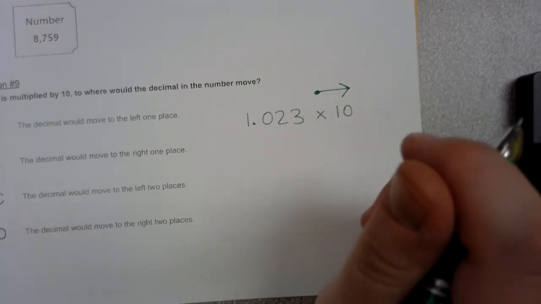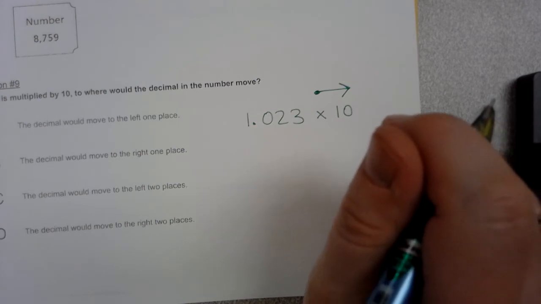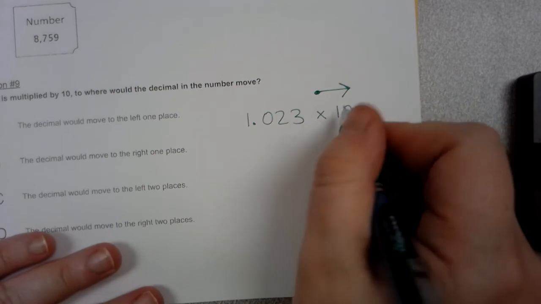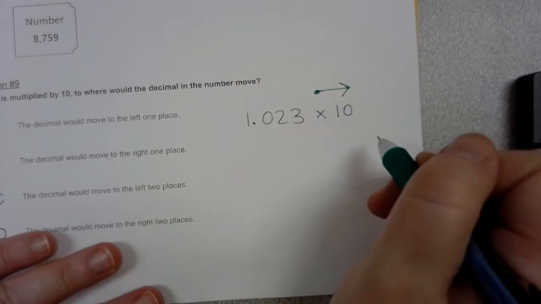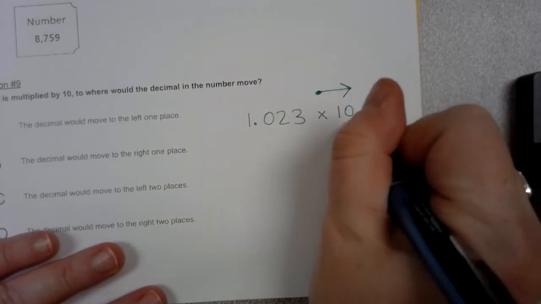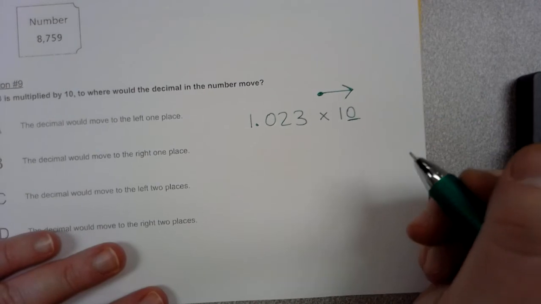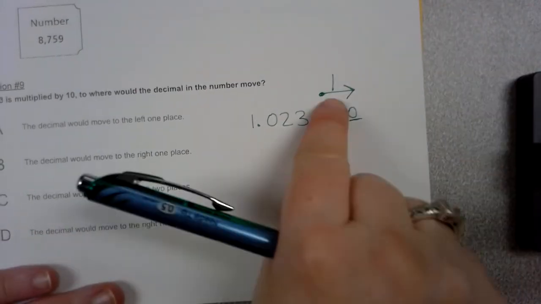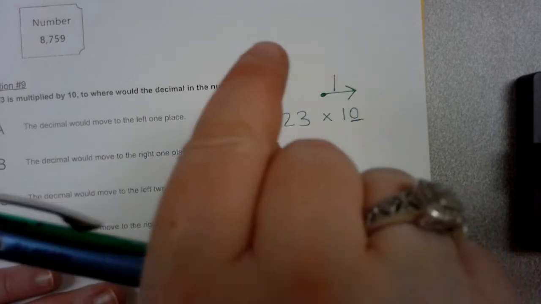I know it's the opposite of decimals, just bear with me, okay, guys? How many times we move it depends on how many zeros we got. 10, one zero, so we're going to move the decimal 1 time to the right.